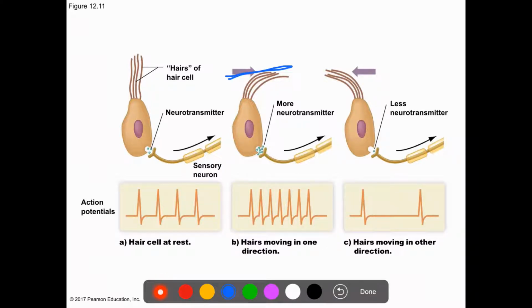So when the vibration is happening, the hair would be pushed against the tectorial membrane, and this will cause action potentials in these cells. This action potential will be transmitted through the axons to the brain, and that's how we are going to hear the sound.